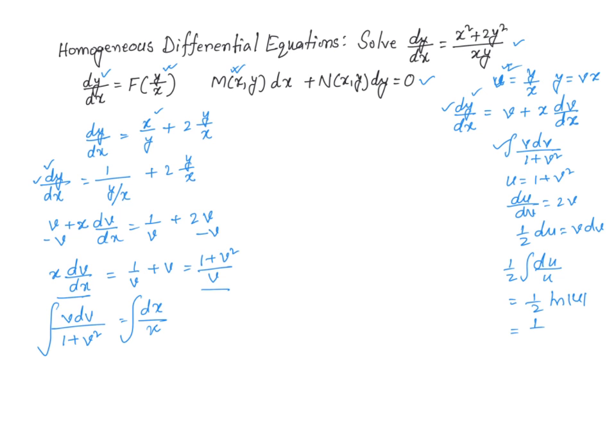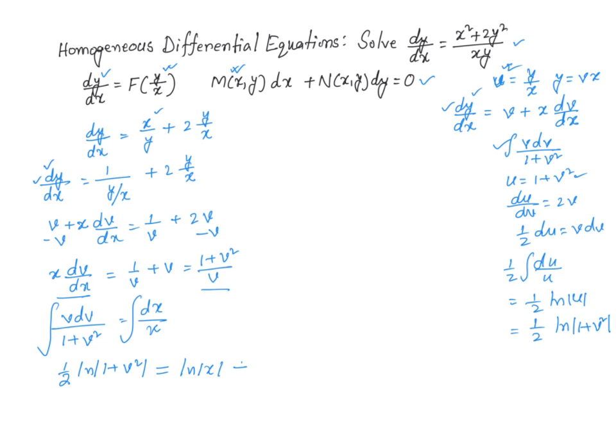So 1/2 times ln of u, where u is 1 plus v squared. I can technically avoid the absolute value here, assuming that v is a real number. Now the left hand side becomes 1/2 ln of 1 plus v squared, equal to, on the right hand side, ln of absolute value of x plus some arbitrary constant.